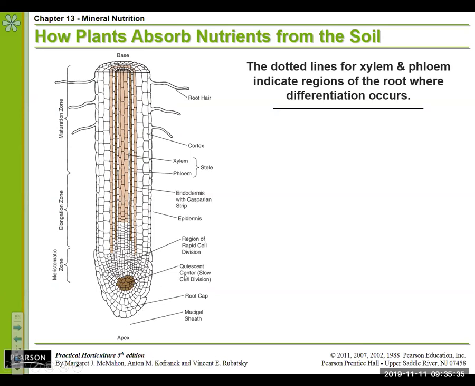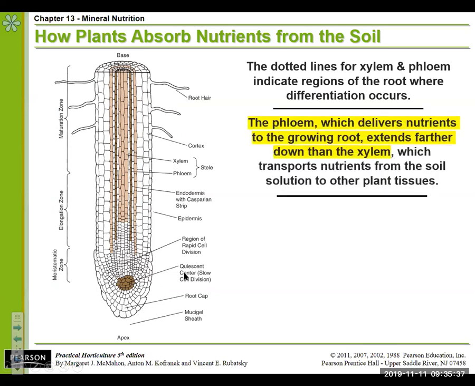That's just where root growth is occurring. So we have the phloem in the brown delivering the nutrients from the leaves to the growing roots, and that extends further than the xylem, because it's going down into this meristematic zone where the cells are actively dividing. That's where the roots need the food.